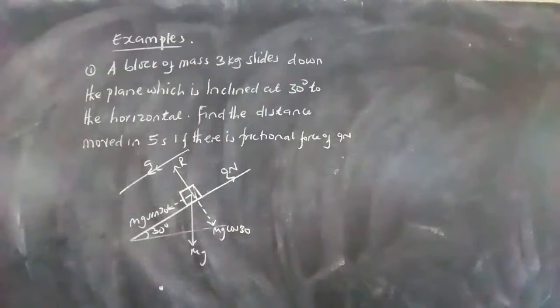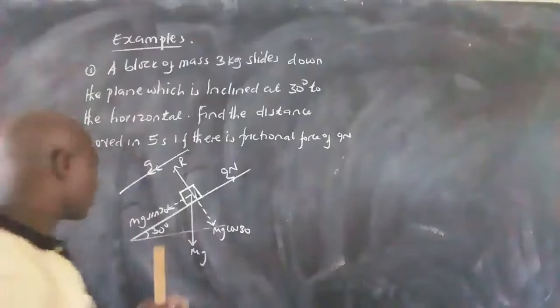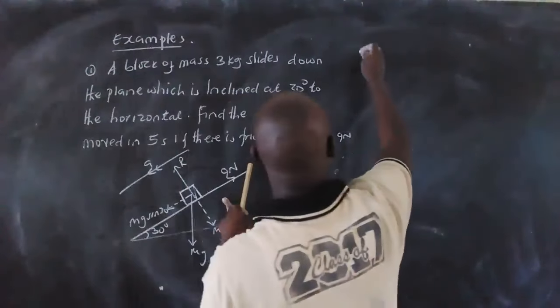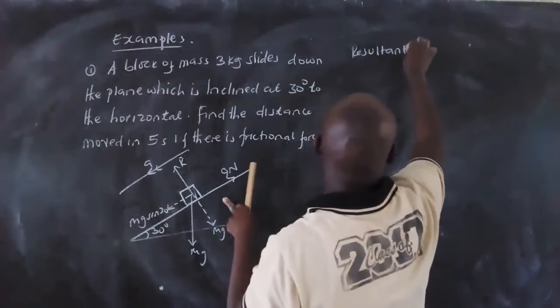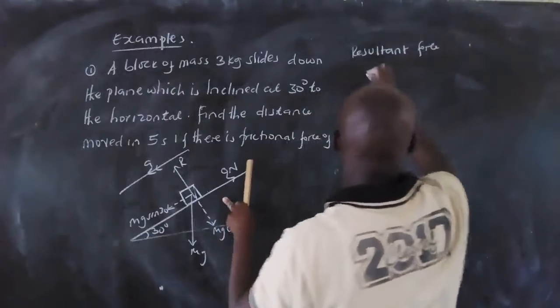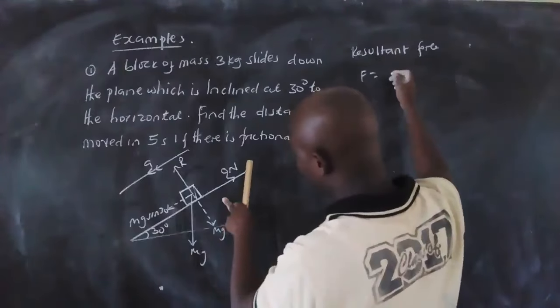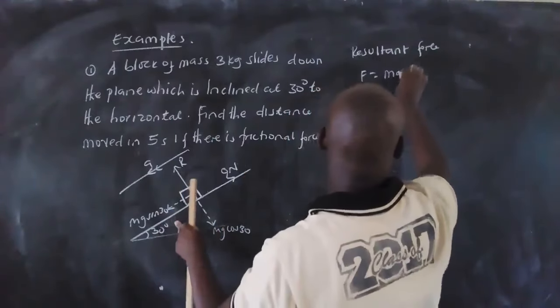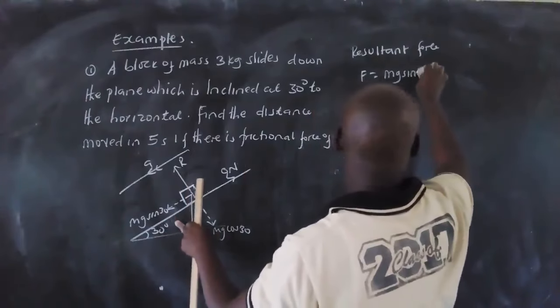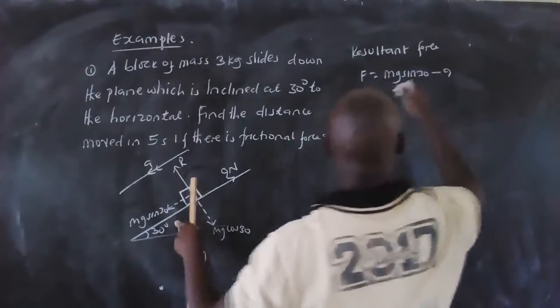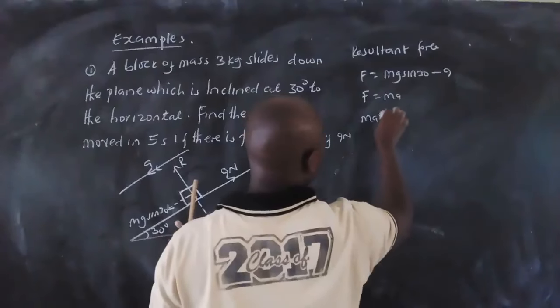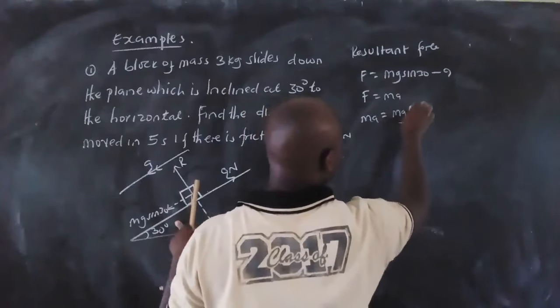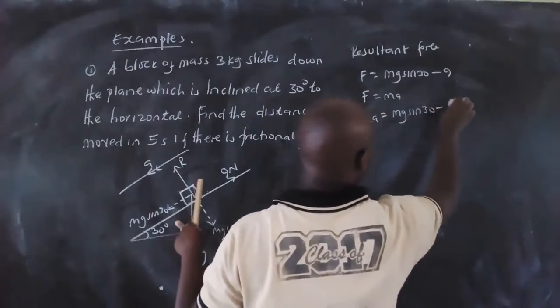So the resultant force F will become mg sine of 30 minus 9. But this is the same as MA, so our MA will become mg sine 30 minus 9.